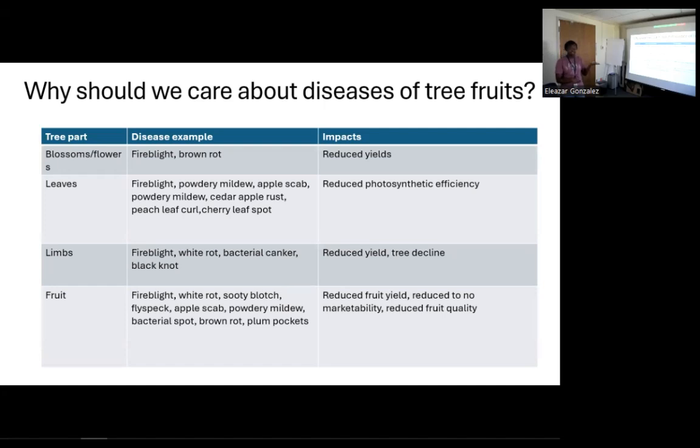And these diseases are more important as well because they will affect any part of the plant. So some of the diseases will affect the flowers, some will affect the leaves, some the branches, some the shoots, some the fruit. And so then they have the potential to cause significant losses for the growers or the farmers. And that is why we want to study these diseases and see how we could control them.